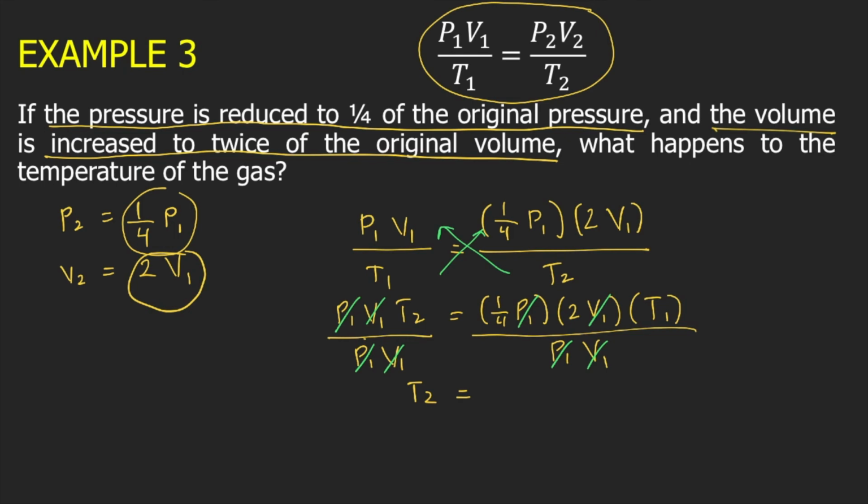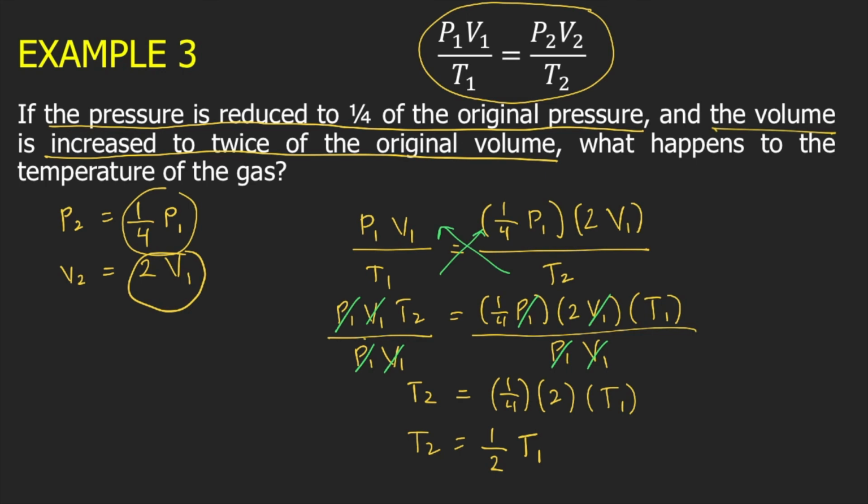So what remains on the right side is 1/4 times 2 times T1. And what is 1/4 times 2? 1/4 times 2 is equal to 1/2. So the right side becomes 1/2 of T1. So the answer to this question is T2 is equal to 1/2 of T1.